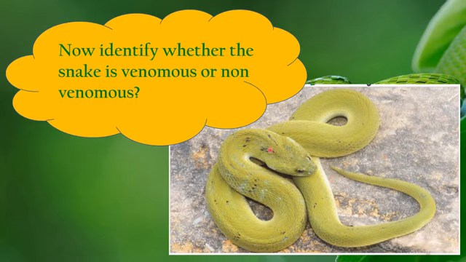Yes, the snake's neck is broad and the head is not so triangular. It's just elongated from the body. So this shape suggests it is a non-venomous snake. You can see the eyes also. They are round, which is a feature of a non-venomous snake. The color also, you can see, is a dull green. All these features are symptoms of a non-venomous snake.